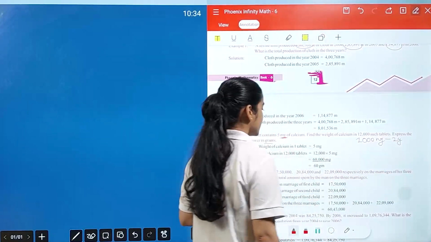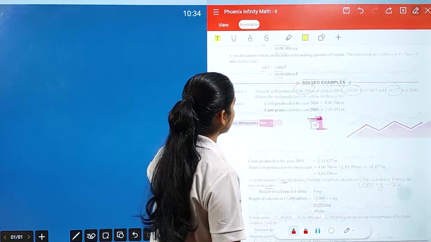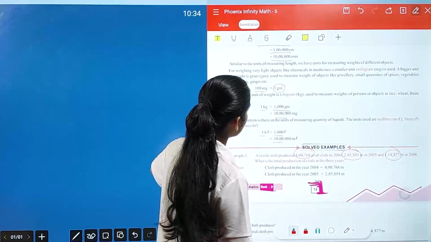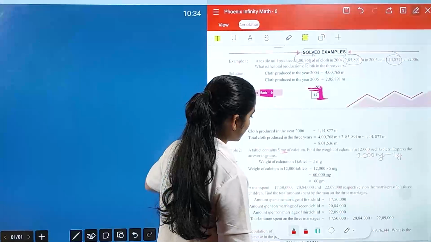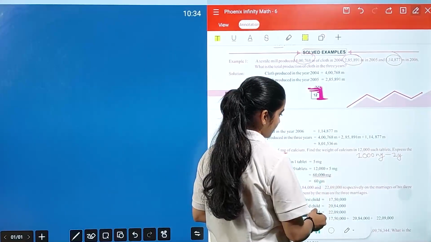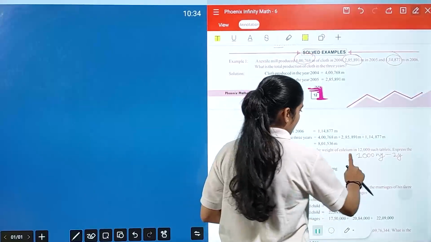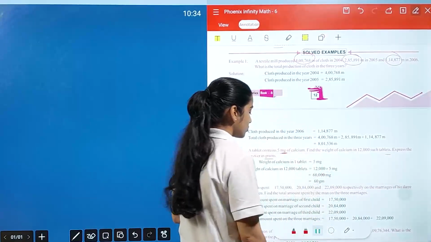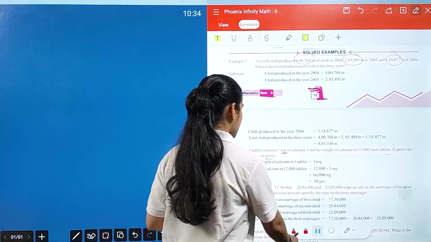So we just simply divide it and you will get your answer, which we learnt here. 1000 milligram is equal to 1 gram, na? So it would be your 60,000. There is a mistake here in the book, but I am not mentioning it. So here you have your answer, 60 gram.